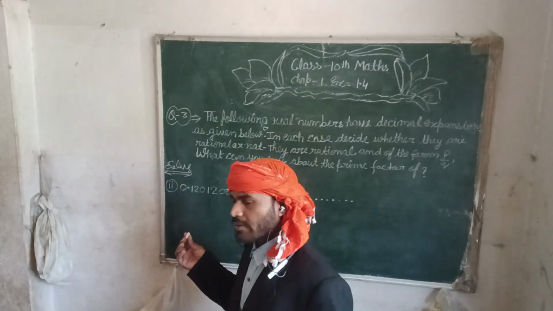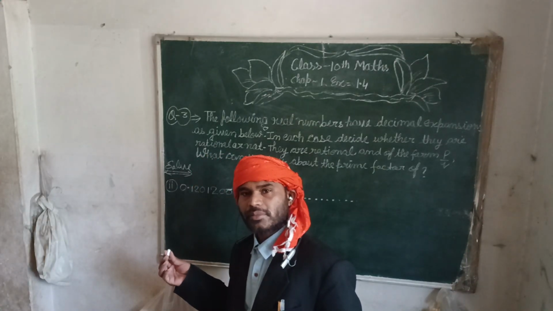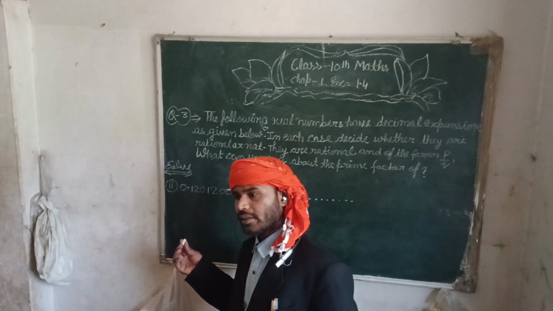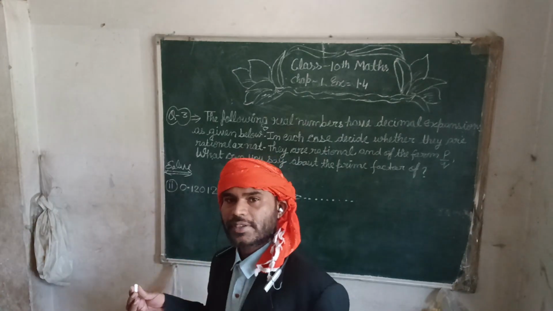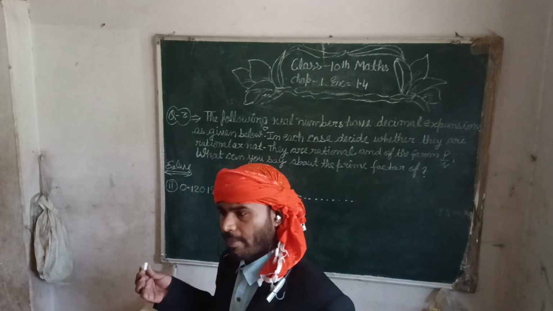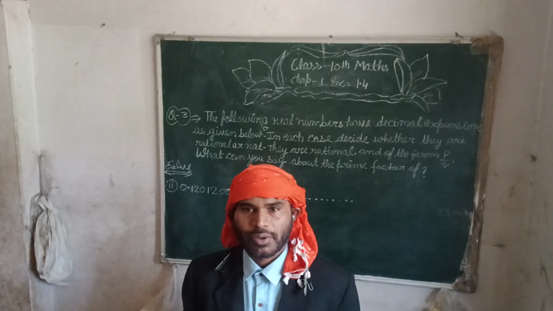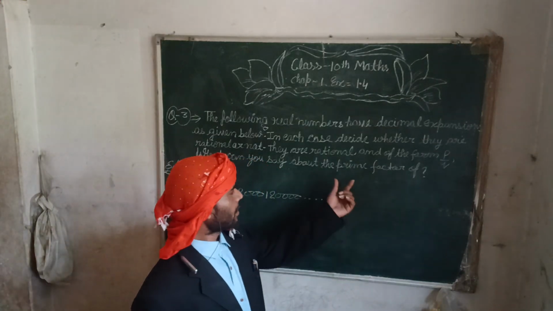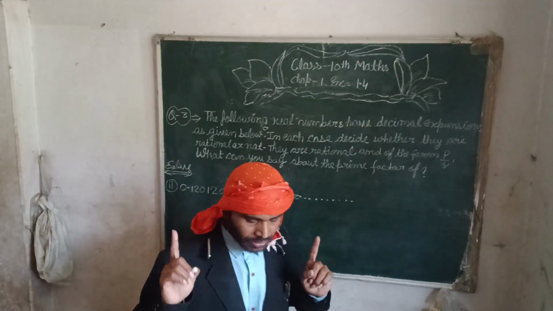It says to decide whether this number is in the form of a rational number or not. If it is a rational number, then write it here in the form P upon Q.